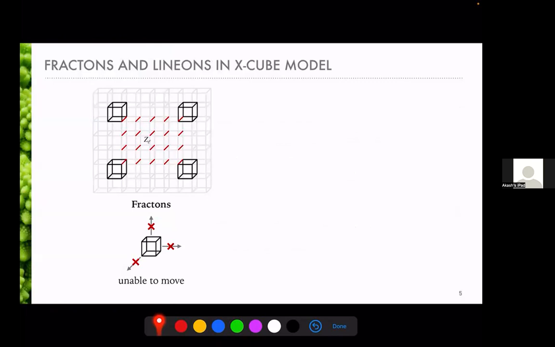So to that end, let me start with this picture here. I start with my lattice and I excite this bunch of Z operators, which I have denoted in red. Now, Z operators, if you will remember, are the things that make up the cube operator. And a Z excitation will excite a cube excitation.